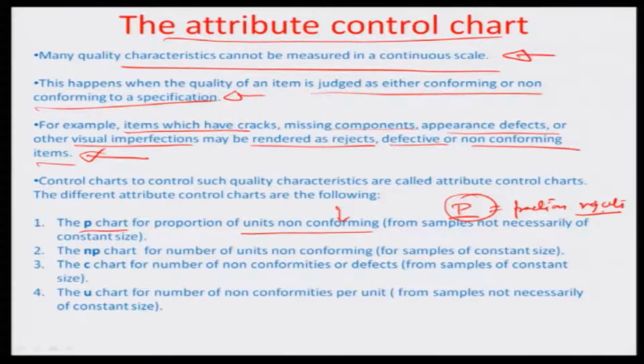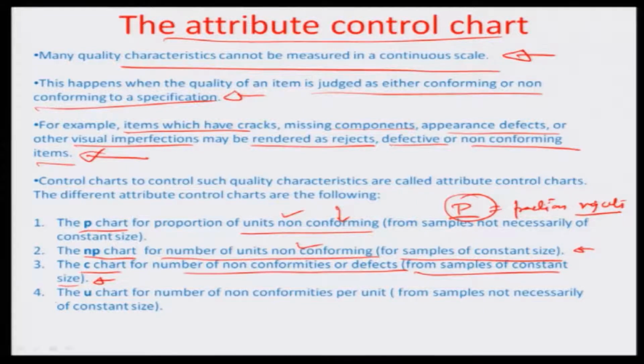Simultaneously there are many other charts of this kind. There is the NP chart, where you talk about the number of units which are non-conforming for samples of constant sizes. You have the C chart for the number of non-conformities or defects from samples of constant sizes. I am going to record and plot all these different charts as we go along.